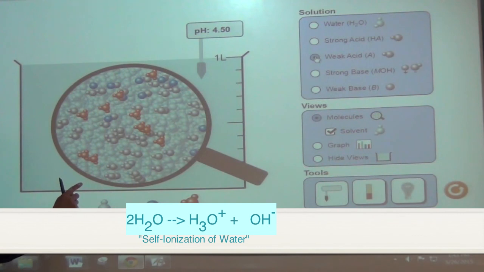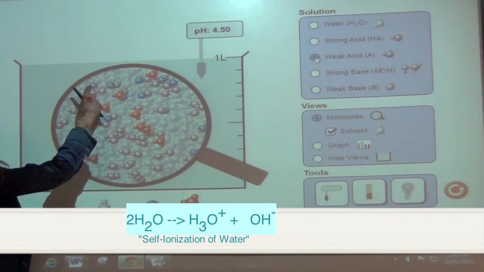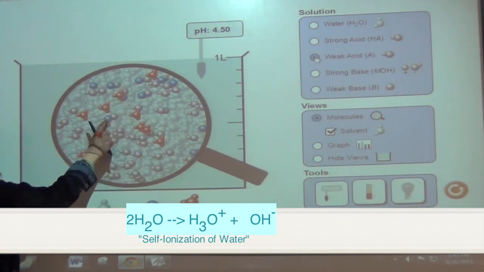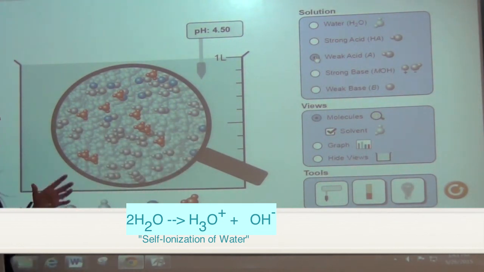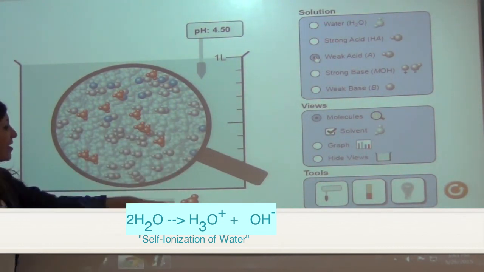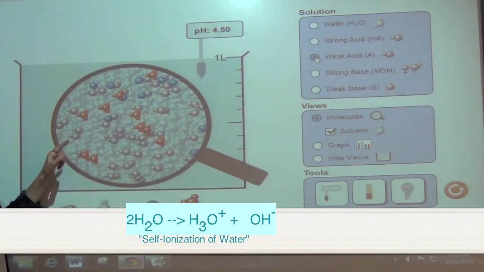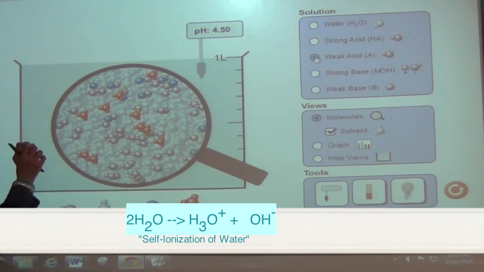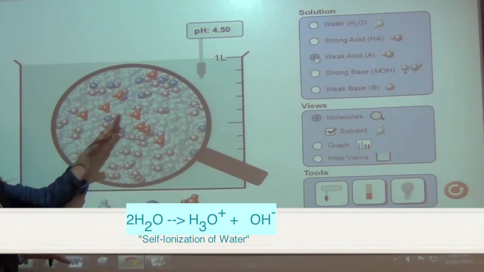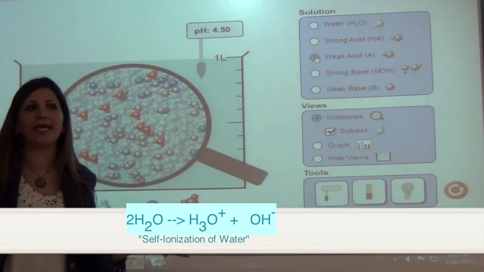But what's true now is we get these blue H pluses, which represent hydrogen ions that are part of an acid. The A minus, this blue one, is representing part of the acid. When that breaks off, it forms H3O plus, which again, we're just going to call H plus.